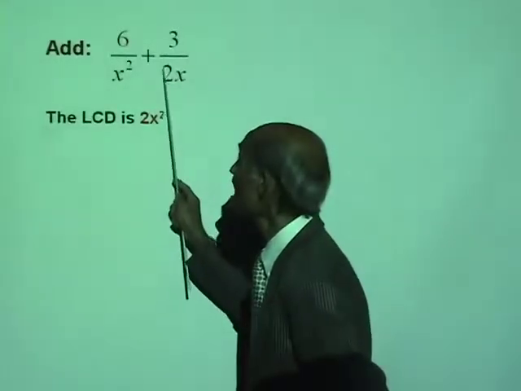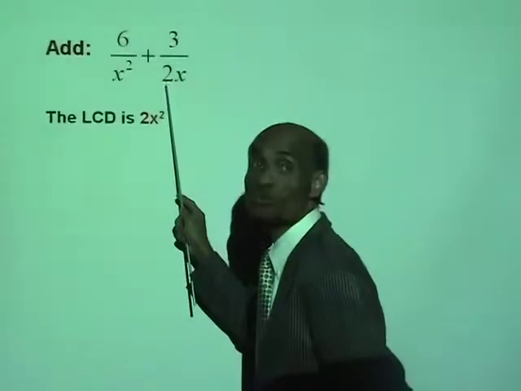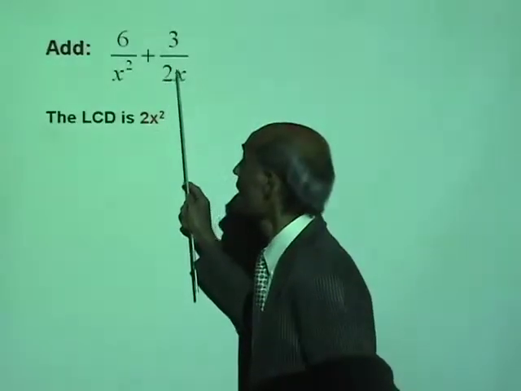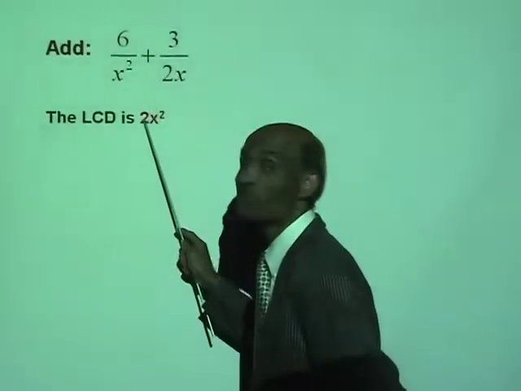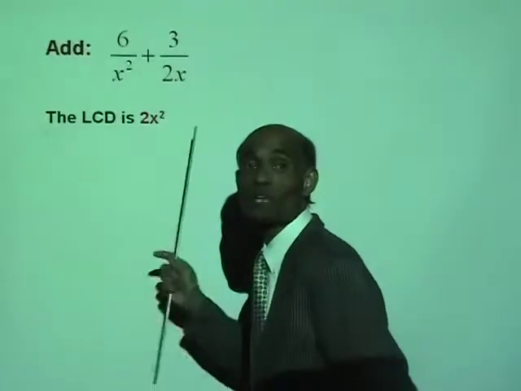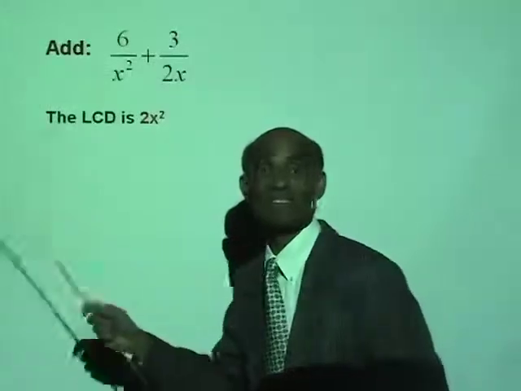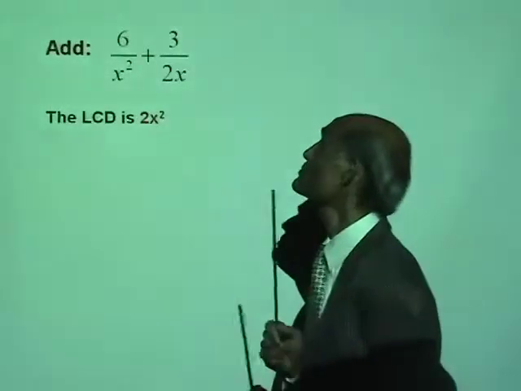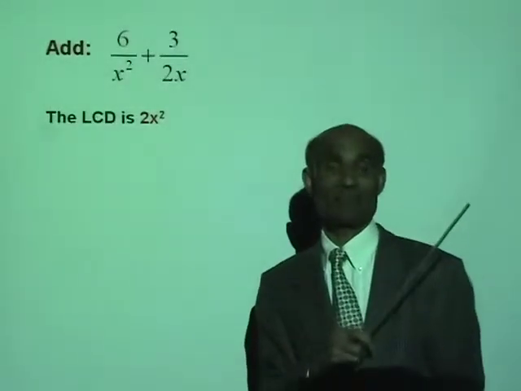When you come to the second denominator, it is 2 times x. Now, we pick the 2 because we haven't picked the 2. We don't need the x because we have already picked x times x. So the LCD is 2x squared.